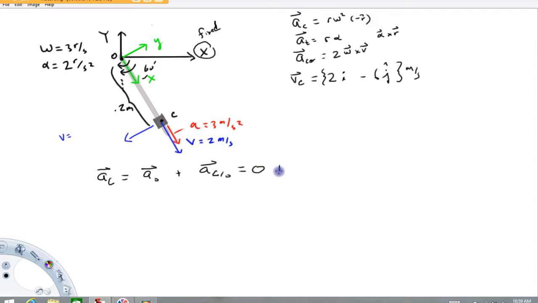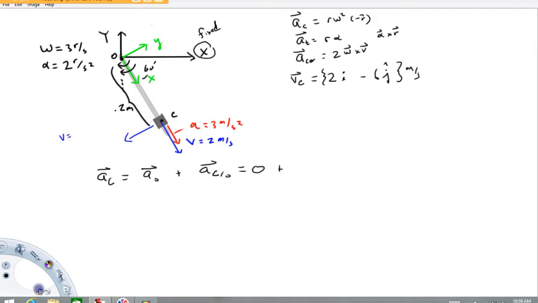And what I'm going to do here is I'm going to talk about this. This guy right here, there's three things we have to take into account. One, there's going to be an acceleration due to the angular acceleration of the bar. Second, there's going to be a centripetal acceleration. You'll notice this velocity vector component here is changing in direction as theta changes. So we're going to have a centripetal that's going to point this way.